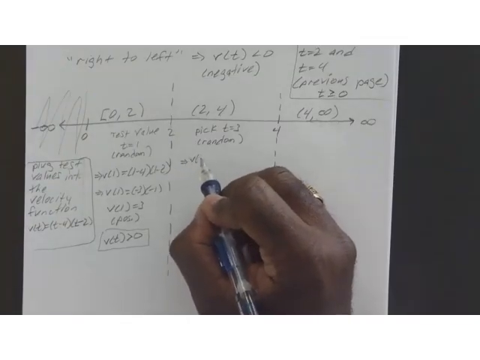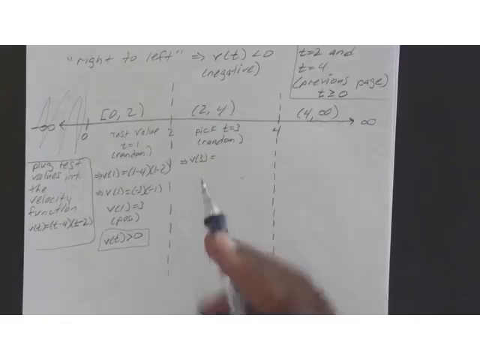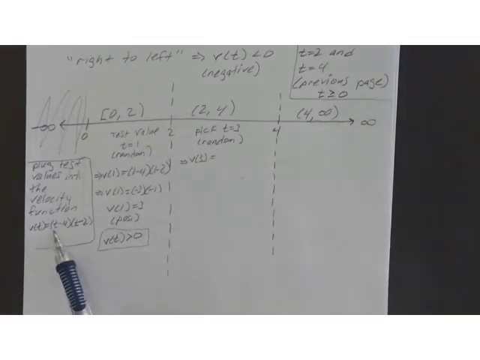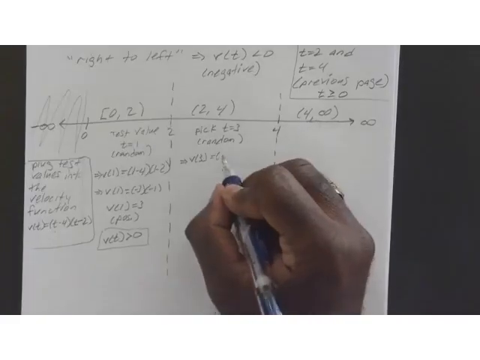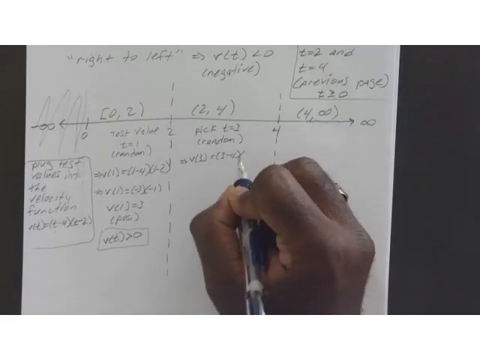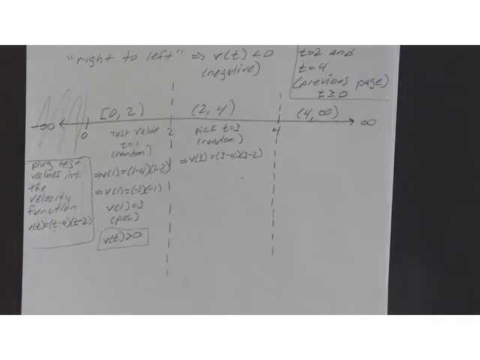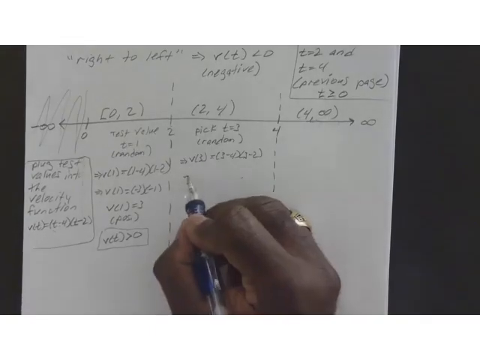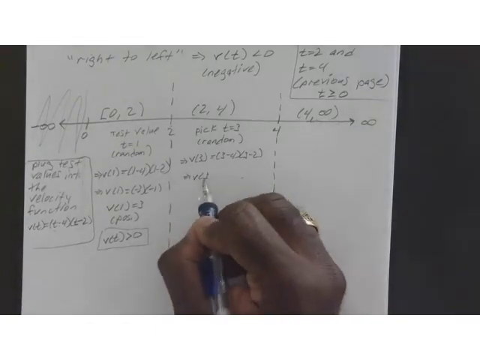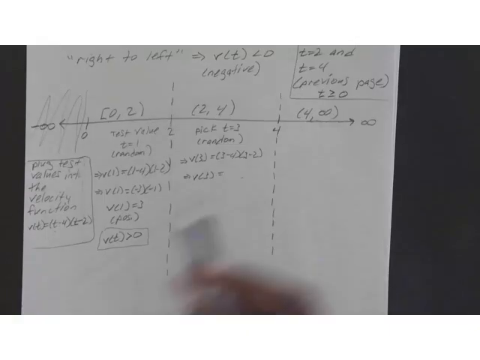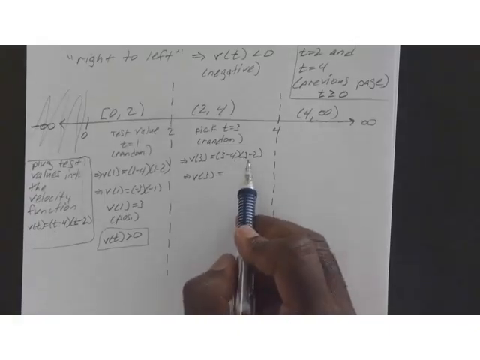So our velocity at 3 seconds is going to be 3 minus 4 times 3 minus 2, which equals negative 1 times 1.